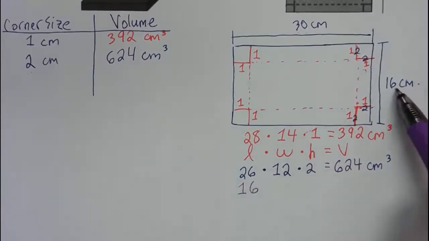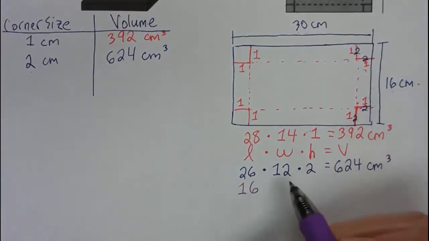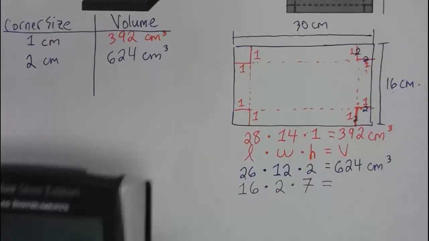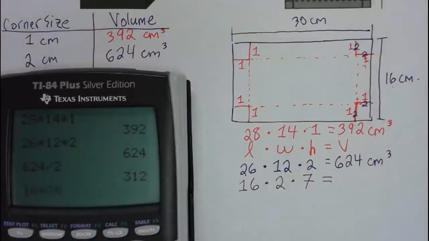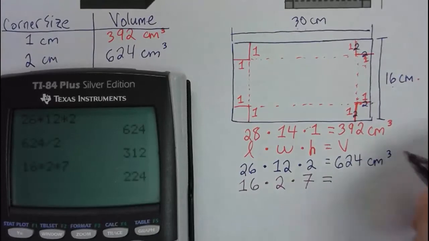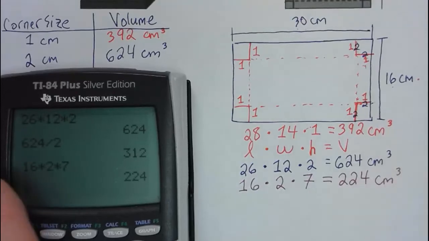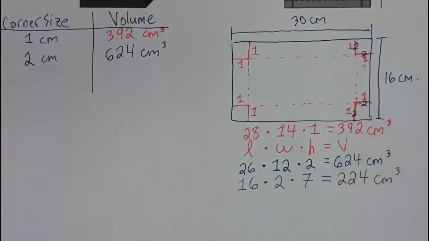And I would take away 7 twice from 16, so that width would go all the way down to 2. And then my height would be 7. So 16 times 2 times 7 would equal 224 centimeters cubed.